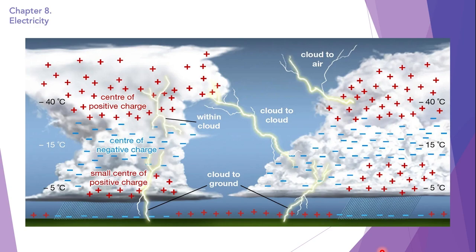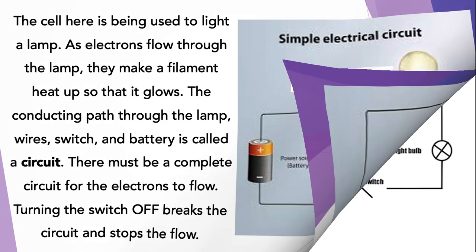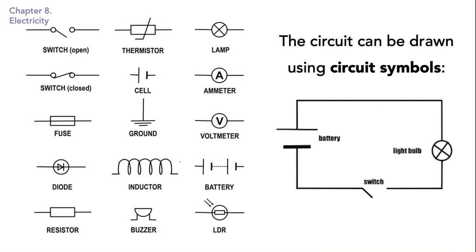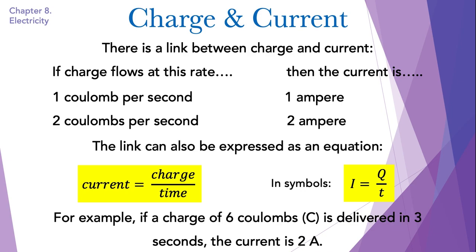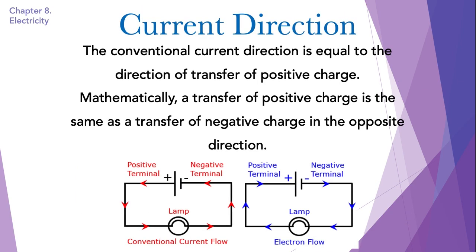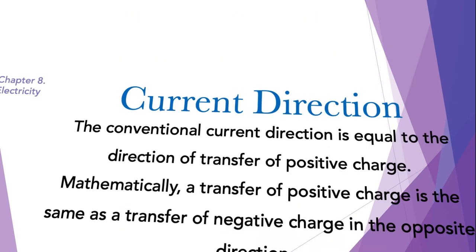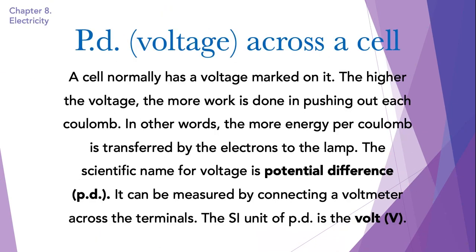Then we understood the simple circuit, the different circuit symbols, how we can measure current, the link between the charge and current direction and electron direction, the difference between that. We understood potential difference, then voltage across a cell.